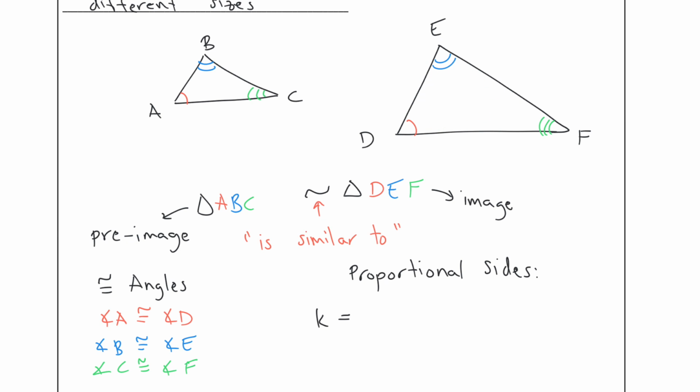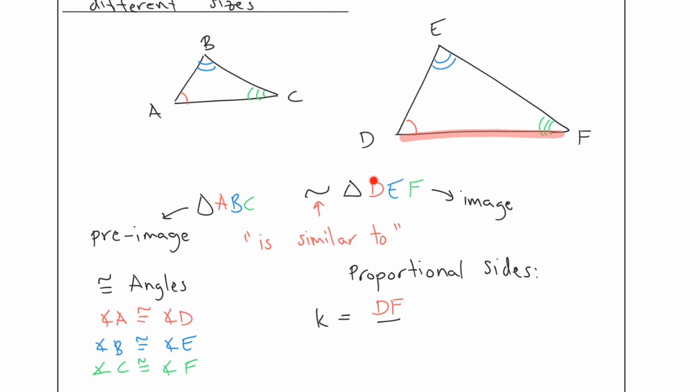As for the scale factor, keep in mind that we always write it as the image divided by the pre-image. So taking the lengths of the sides, from triangle DEF, because it's the image, we're going to take side DF, and we're going to divide that by the corresponding side. Now, you can, of course, take a look at the triangle. It's going to be side CA, or you can use the name.